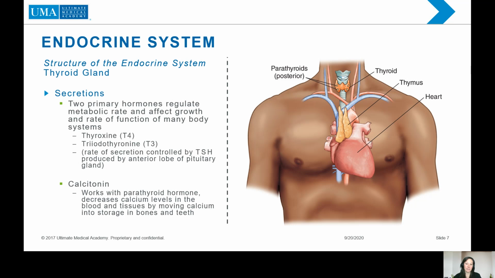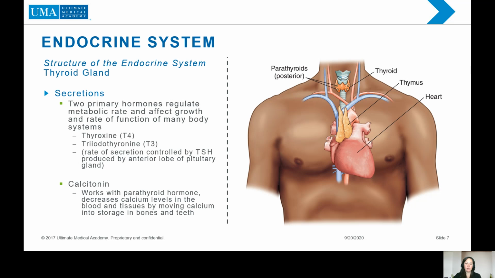So that was a lot to take in. But basically, your thyroid gland has two hormones, and they are regulating your metabolism and they're affecting your growth. So again, the thyroid gland is regulating your hormones by impacting your metabolism and your growth.